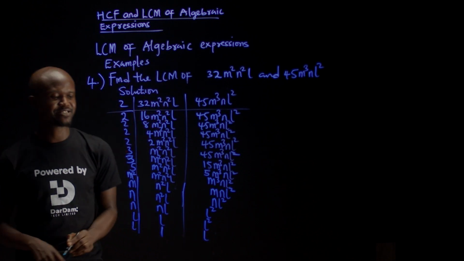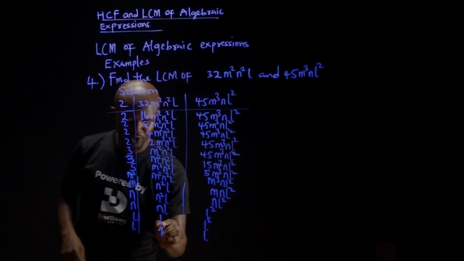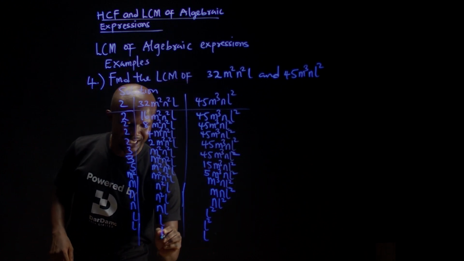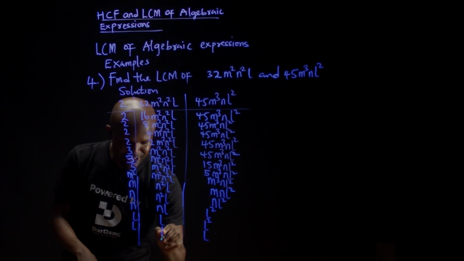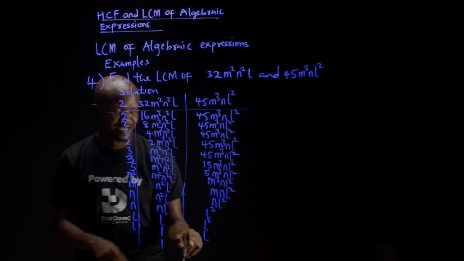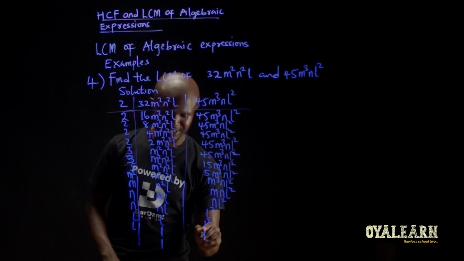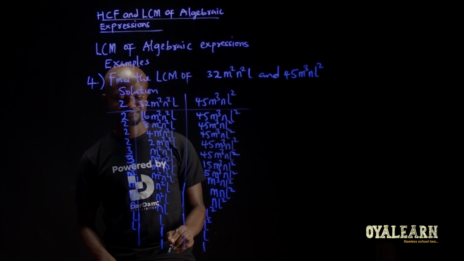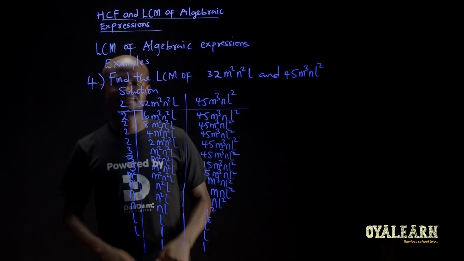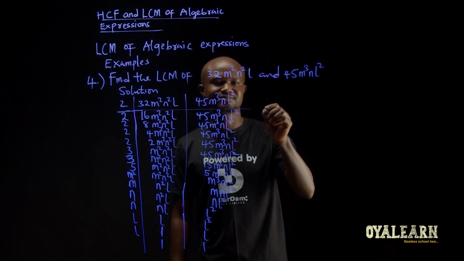Our target is to have 1, 1. 1 divided by L, we are not considering that, so we still write 1 here. Now L divided by L is 1. So we now have 1, 1. Now we need to get our final answer.